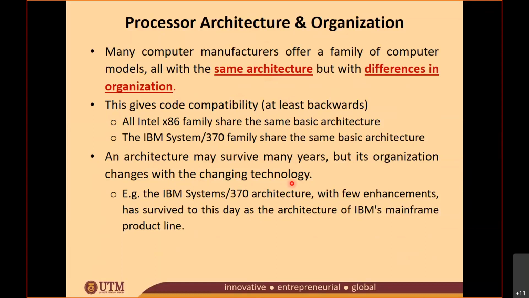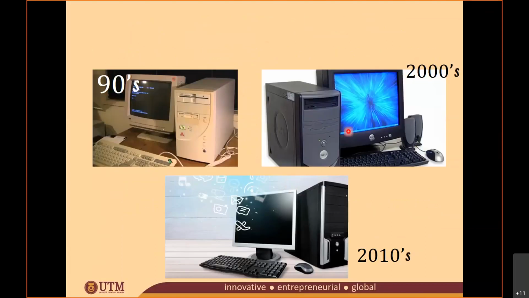Now we're going to see what the computer looks like in the early 90s and sekarang ini. Kalau kamu tengok kat sini, this is a computer in the early 90s, this is 2000 and this is 2010s. We focus on the desktop je lah, we're not looking at the laptop.